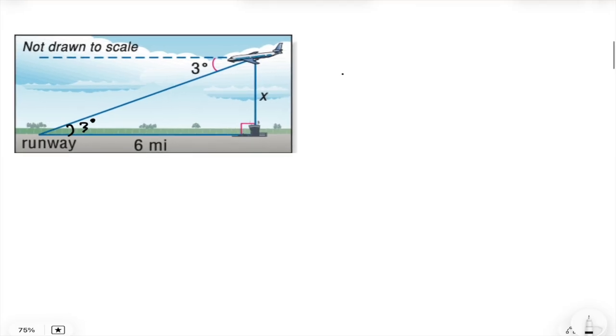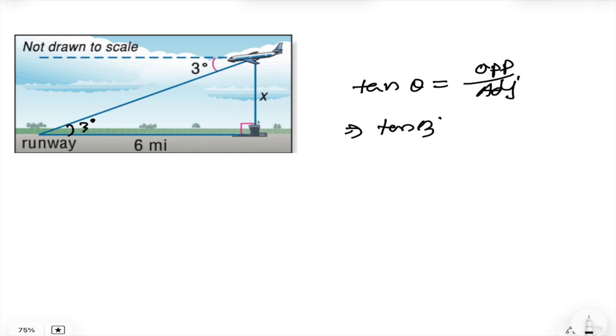So you use opposite and adjacent, that means tan. What is the rule? Tan theta equals opposite over adjacent. Tan 3 degrees, opposite value is x and adjacent is 6. So x equals 6 times tan 3 degrees. I don't understand, why is it 3 degrees? It might be 30 degrees.